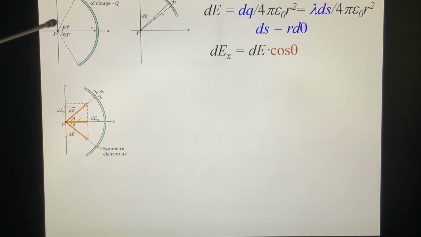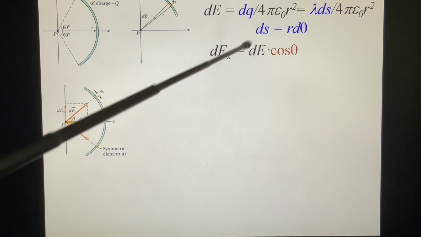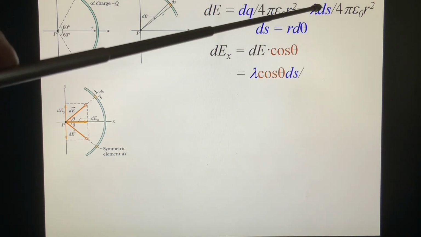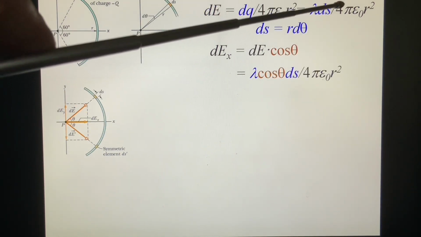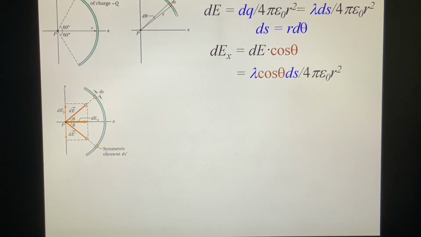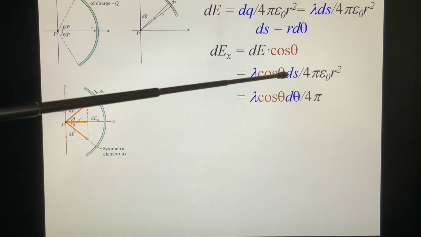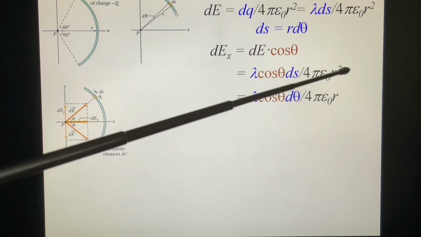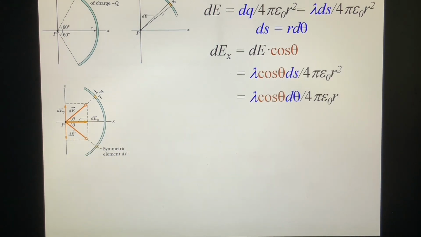So along x, dEx equals dE cosine theta. And dE is lambda ds over 4 pi epsilon 0 r squared, cosine theta. What is ds? ds is r d theta. The r cancels out once, we get r d theta.